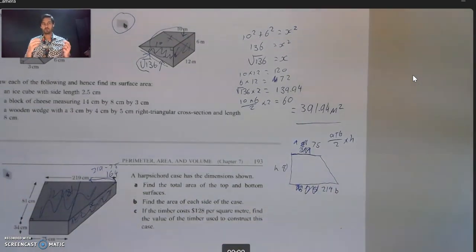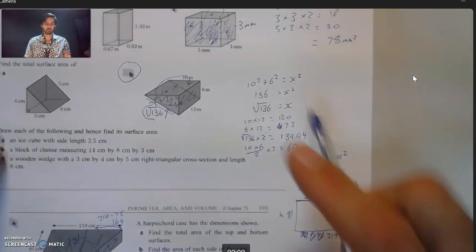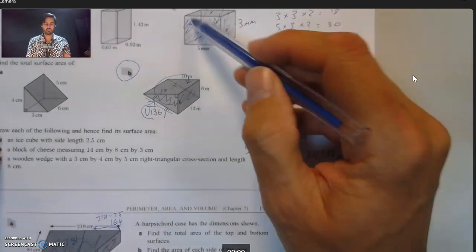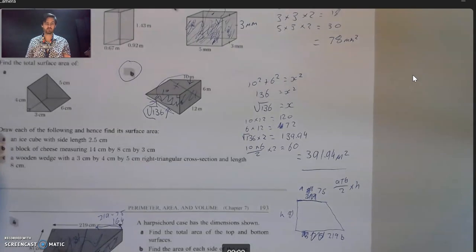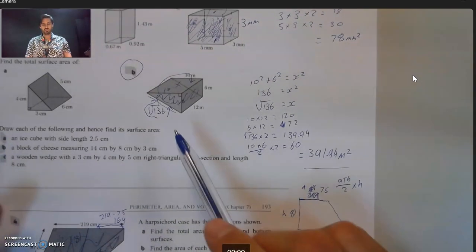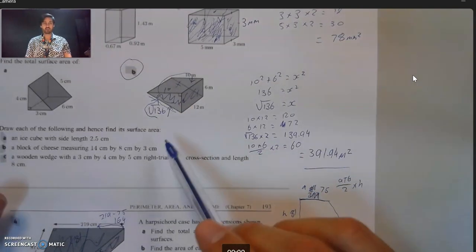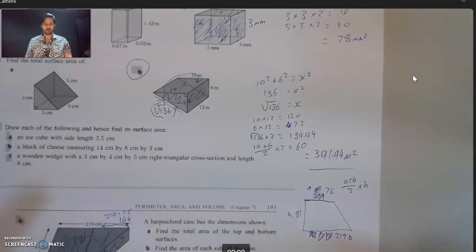Key pieces of information: come up with a strategy. It doesn't have to be the one that I use, but come up with a strategy to make sure that you have calculated the area of all of the faces of the 3D shapes we're dealing with, depending on what shape it is. Make sure you have checked that you actually have all the measurements you need and you're not just assuming.